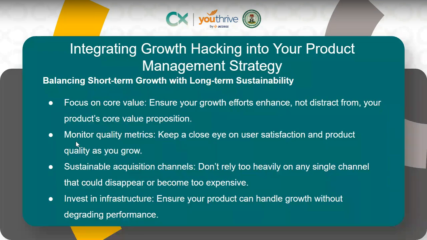So don't depend on one platform or one channel. Aside from social media itself, there are other ways to acquire users. So don't just focus on one, so that if something happens to that one, you don't feel like you've lost all your customers and you are not able to get new customers.